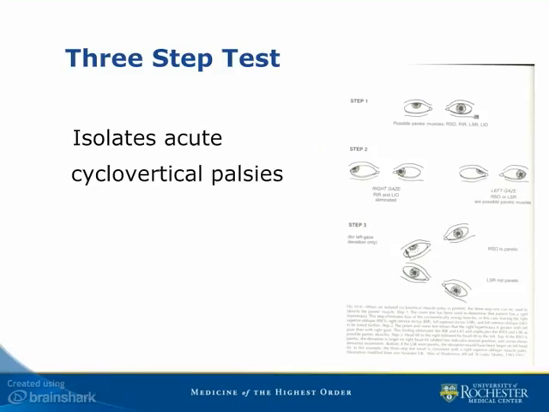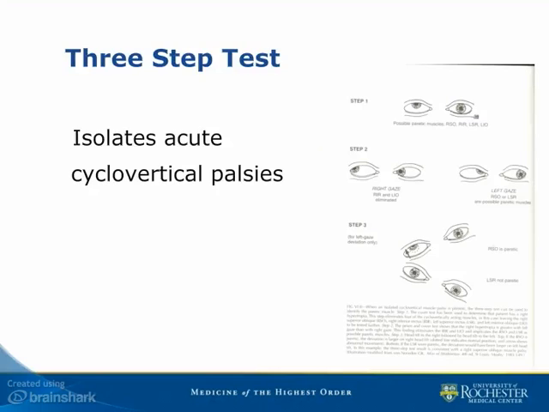The three-step test is a way to isolate acute cyclovertical palsies. If the process is chronic or if it's a restriction, the three-step test does not apply. So let's go through briefly. In step one, you see which eye is sitting high. So in this case, the patient's right eye is high, therefore either the depressors of the right eye or the elevators of the left eye are paretic.